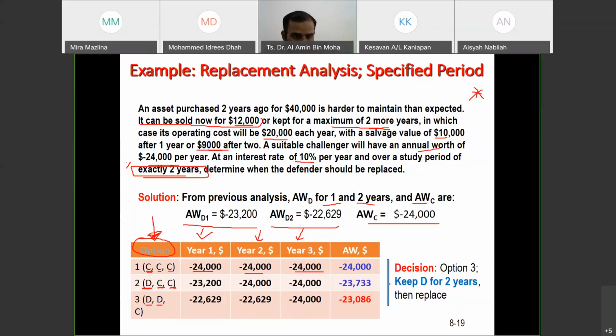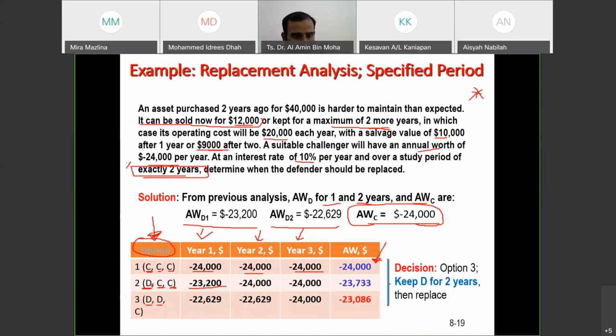We know that the AW for the challenger is 24 every year, so 24, 24, 24, and the average is 24. How about the defender for 1 year? D1 is 23,200.